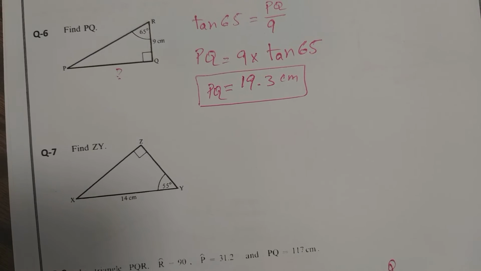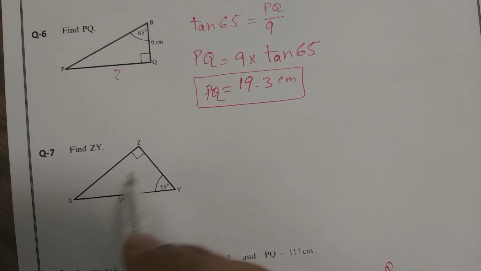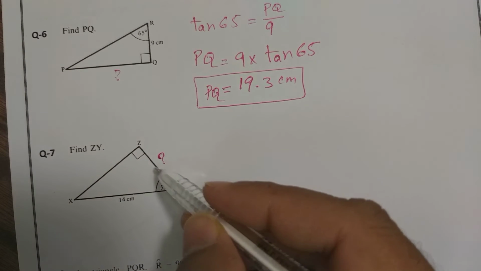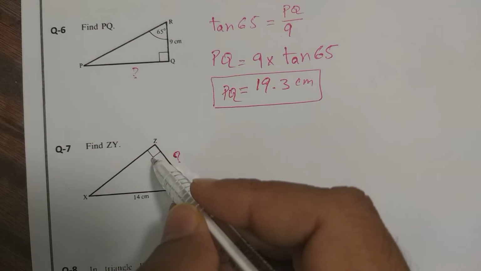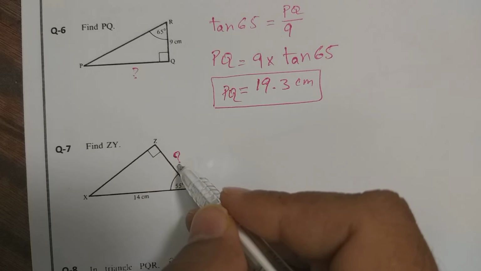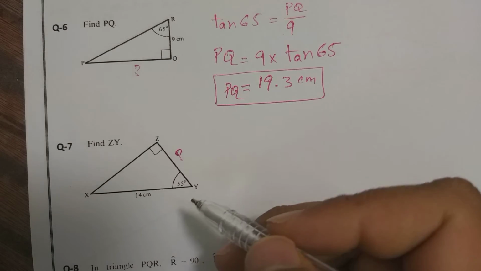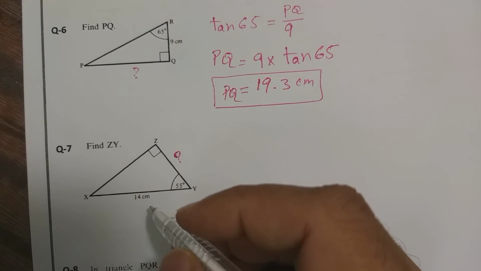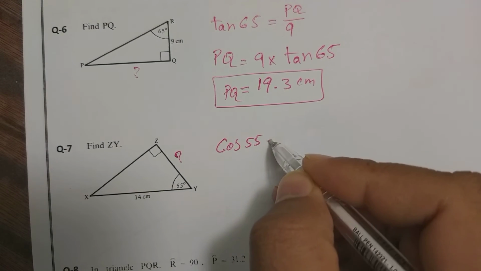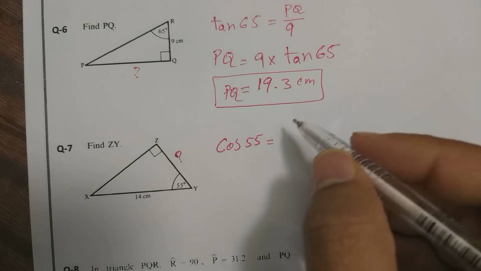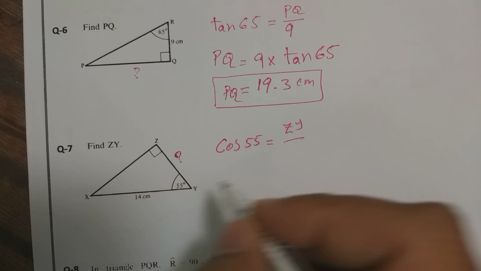Okay, question number 7. We are given find ZY, which is this side. According to this, it becomes the adjacent, because in front of the angle this is called the opposite, and in front of 90 degrees this is the hypotenuse. So adjacent and hypotenuse. What formula do we use? Cosine. So adjacent and hypotenuse, we know it's the cosine formula. So cosine of the given angle 55 equals adjacent over hypotenuse. Adjacent is ZY, so ZY divided by the hypotenuse, which is 14.